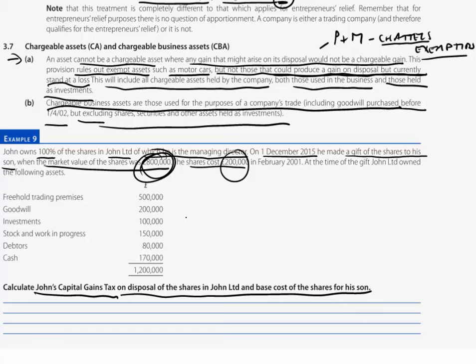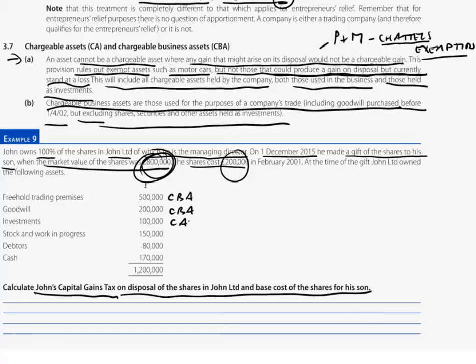What you could have seen was plant and machinery, and if you had plant and machinery, you'd have to have a note to determine, of course, whether it was a chargeable business asset or whether it was exempt. If you were told plant and machinery consisting entirely of assets bought for less than 6,000, now valued at less than 6,000, then they would be exempt, so they would not be chargeable assets.